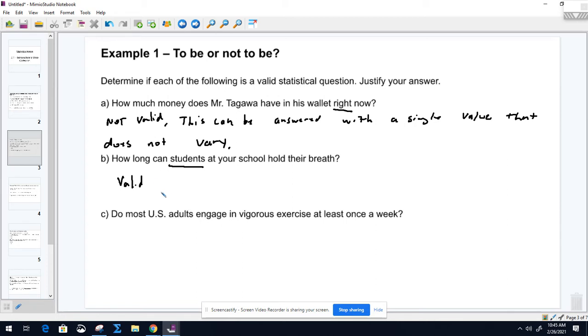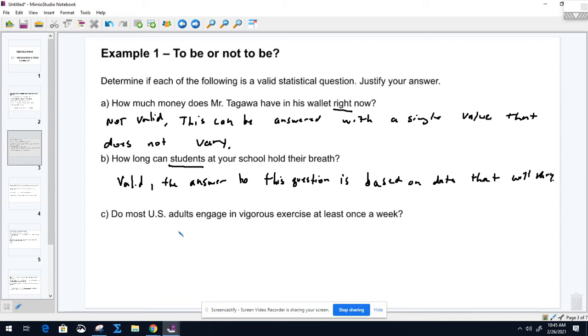So the answer to this question is based on data that will vary. So therefore, this is a valid question, okay? The length of time that each student at your school can hold his or her breath is the data that varies. So yes, this is.